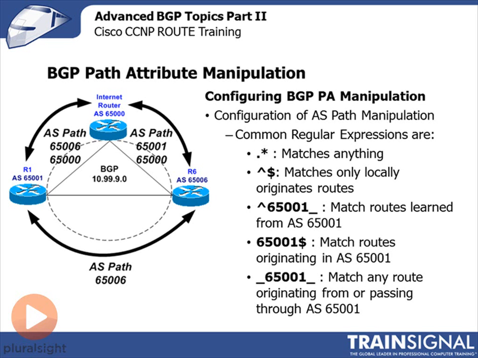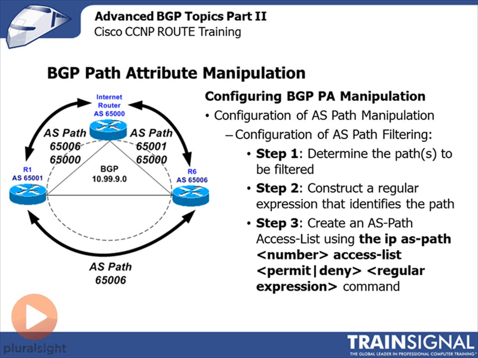If you want to match not just routes learned from AS 65001, but originating there, because it's the last one in the path, you use 65001 $, because routes originating from that will end in 65001. And then any route originating from or passing through 65001 would be the underscore 65001 underscore, because it'd be occurring in the middle, just as an example.